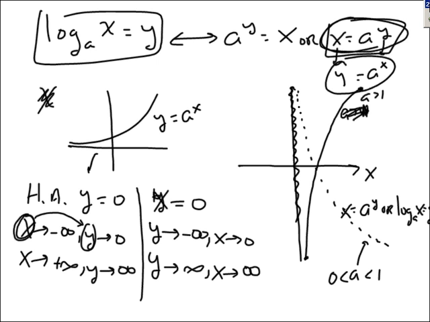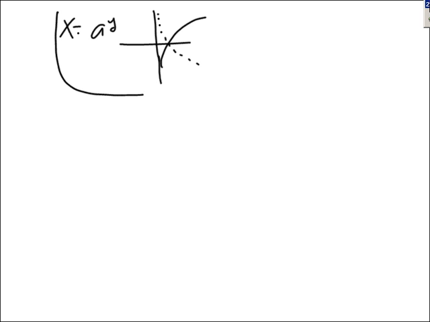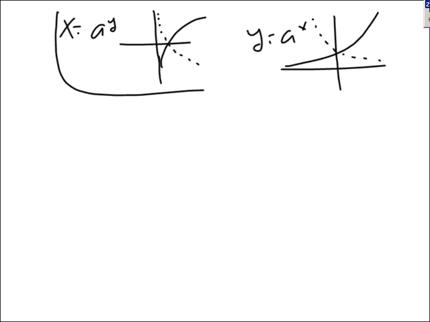When you write it exponential and the power is y, those are the two new graphs that you might get. When you have x equals a to the y, you either get this or you get that. If you have y equals a to the x, either you get this or you get that. You get one of those four.